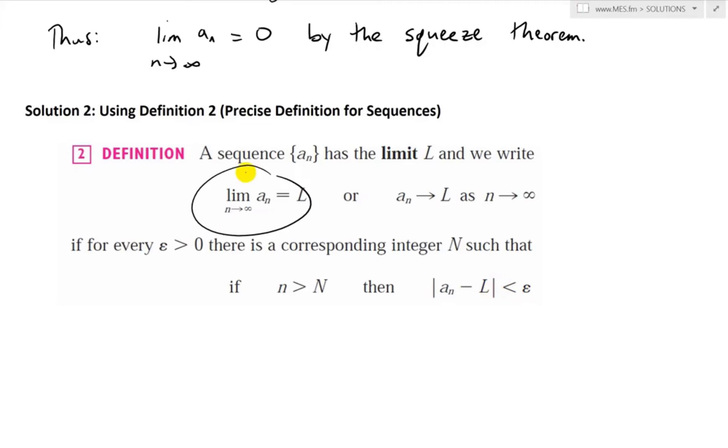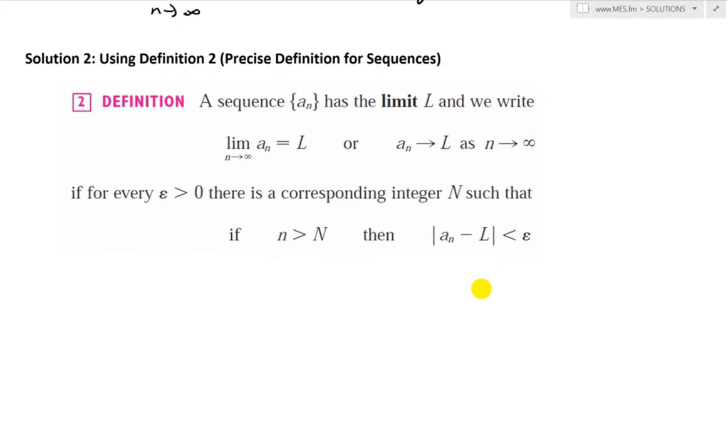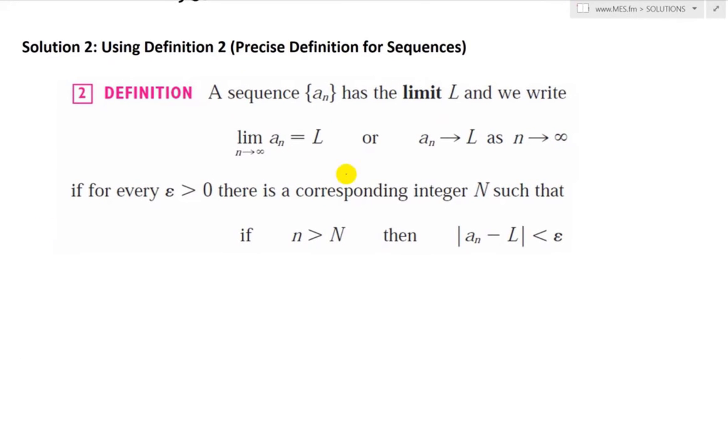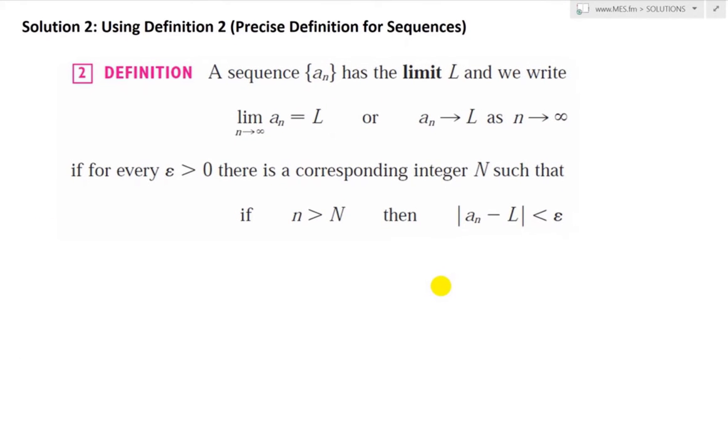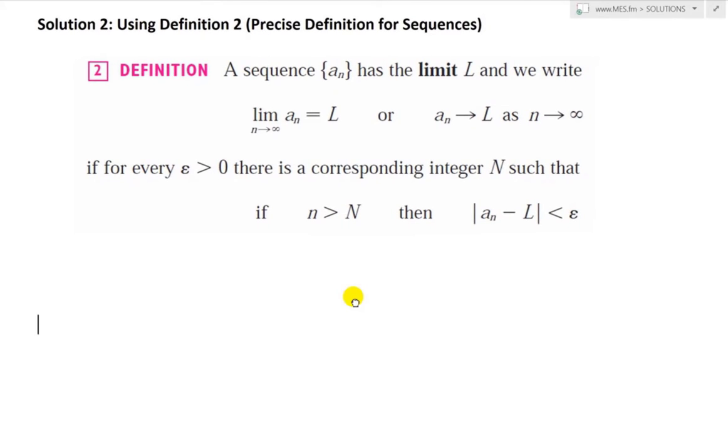Then this is the limit. I also need to recap because sometimes the precise definition takes a while. It appears non-intuitive, but once you dig into it, it's pretty straightforward.